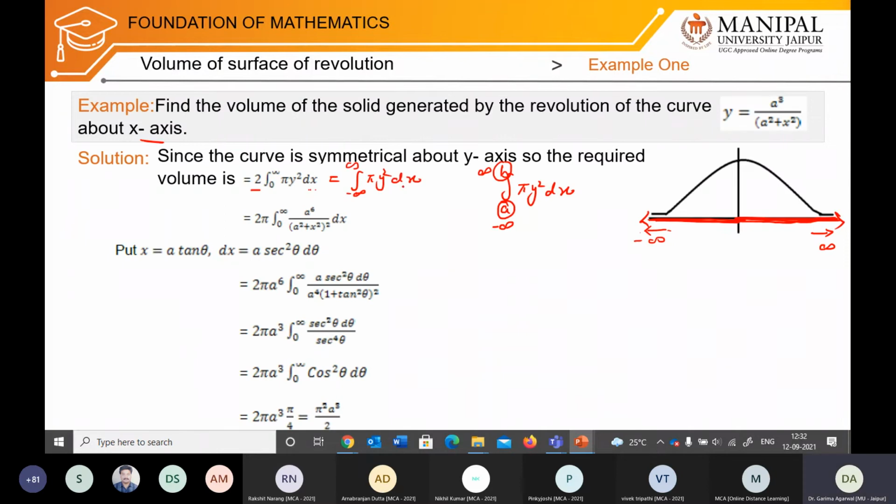Both are the same, right? Then we substitute the value of y square, that is a raised to 6 upon (a square plus x square) whole square. Then let x equals a tan theta and the value of dx will be a sec square theta d theta. We just substitute the value of x and dx, right? And then simply integrate it under this limit. So this is the volume of the solid generated by revolving about x-axis. Clear?